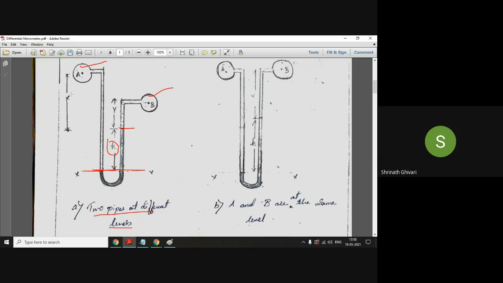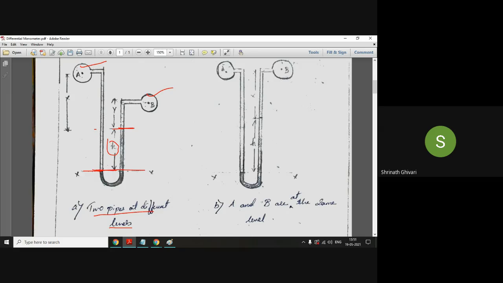What is X? It is the height from the mercury level to the center of the first pipe. And what is Y? It is the height from the level of the mercury to the center of the pipe in the second pipe.